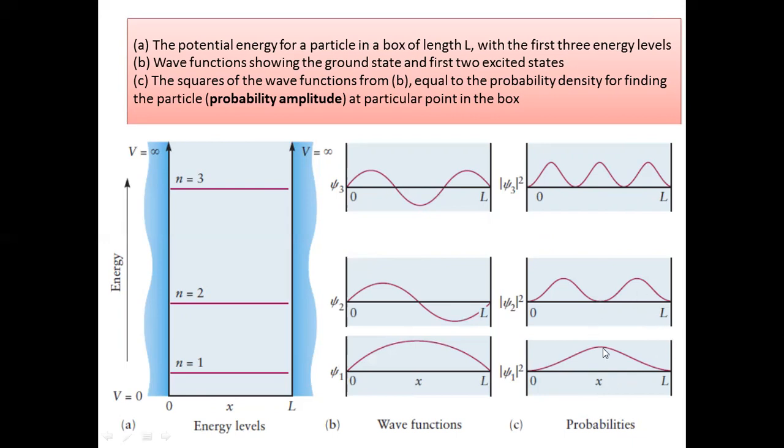Actually, this is the probability of finding the particle at a particular point in a box, and the length of the box is from 0 to L. So let's have a further discussion over here.